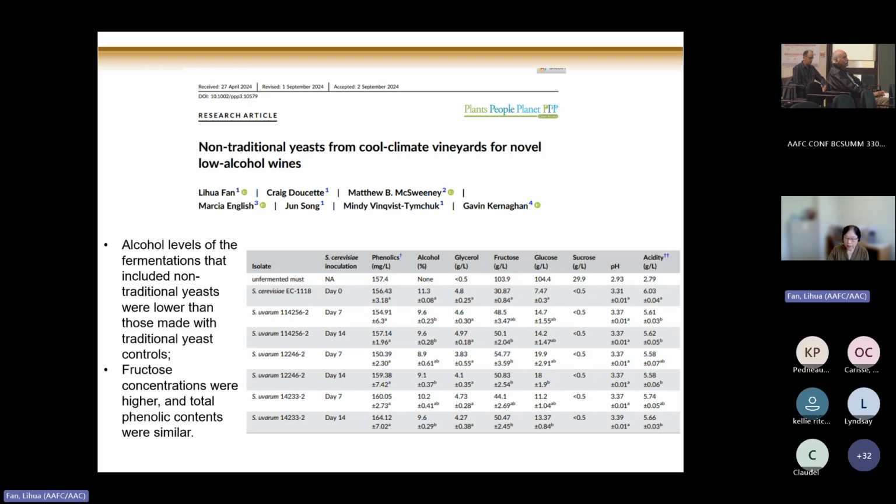However, alcohol levels were lower, ranging from 8.9 to 10.2%, compared with the control of 11.3%. Glycerol level did not differ, but fructose levels were higher and the total acidity levels were lower compared with the control.